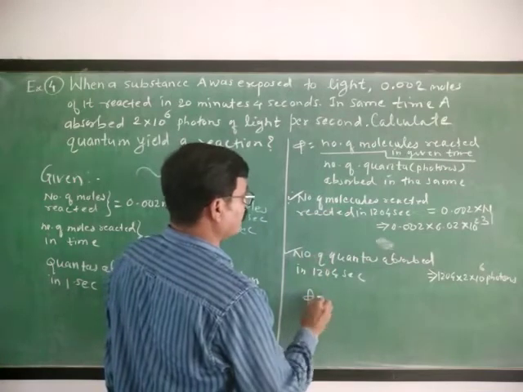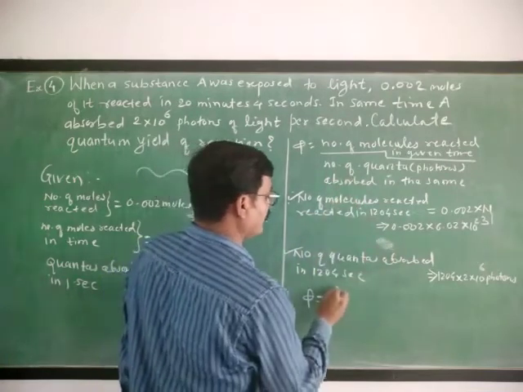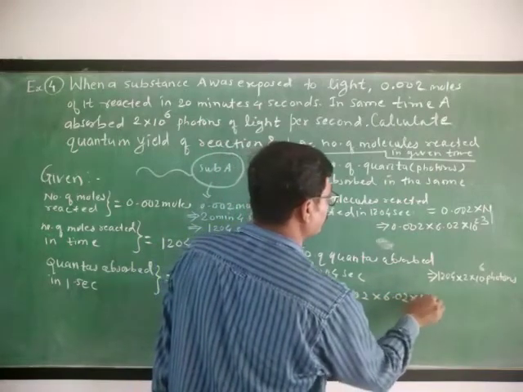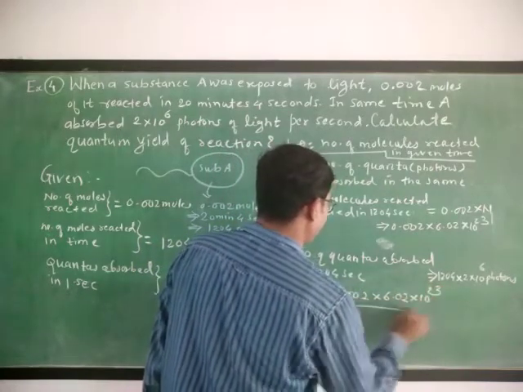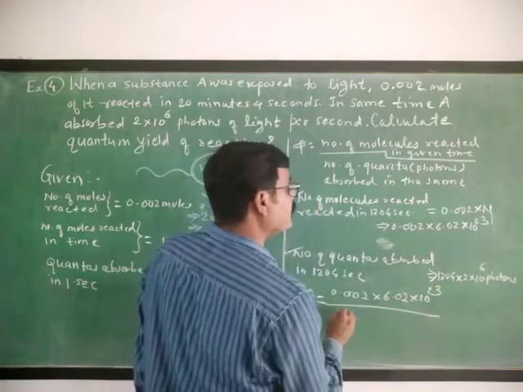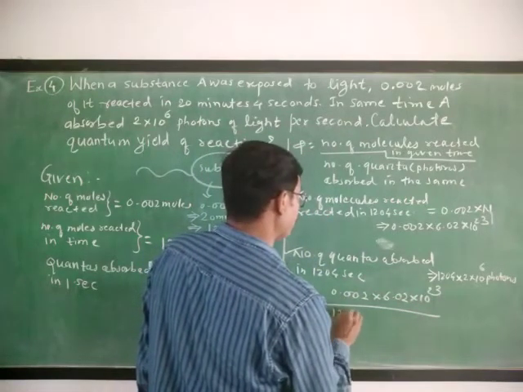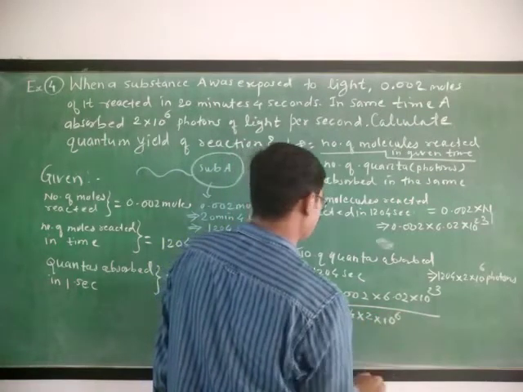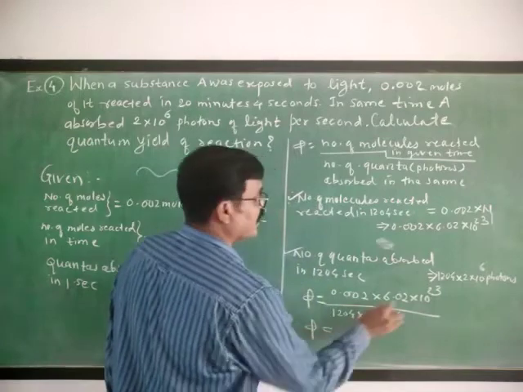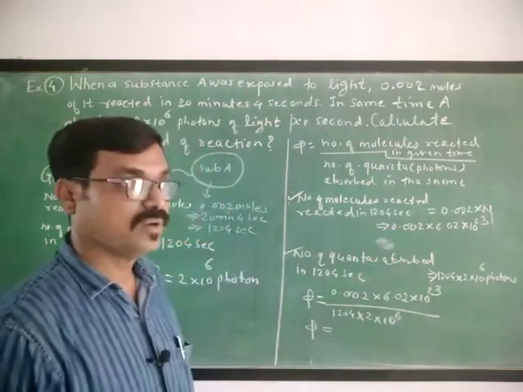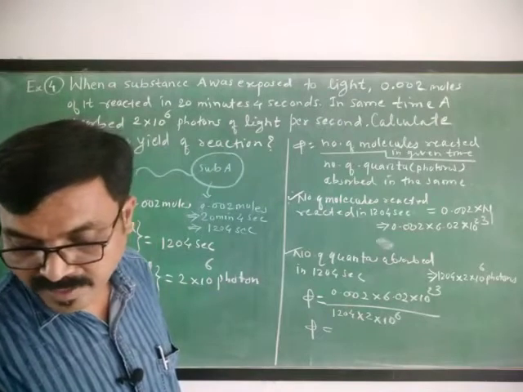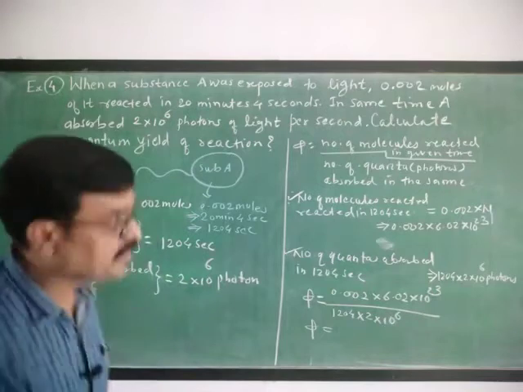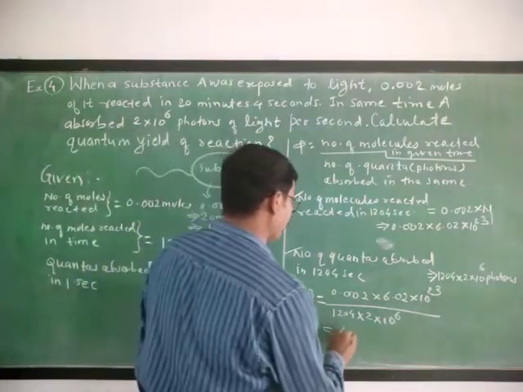That's why phi equals number of molecules reacted, 0.002 into 6.02 into 10 raised to power 23, upon number of quantas absorbed, 1204 multiplied by 2 multiplied by 10 raised to power 6. And after calculating both numerator and denominator, you will get 4.99 into 10 raised to power 11 quantas.